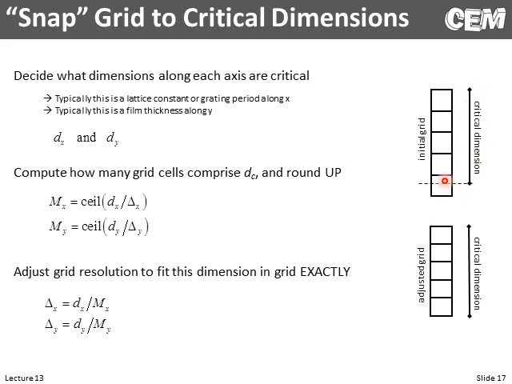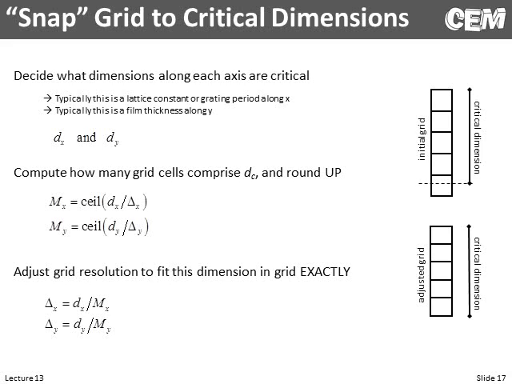Well, we see we messed up a little bit calculating our delta y parameter, and we can't get this dimension represented exactly. Well, what we can do is shrink delta y until this boundary lies right on this dashed line. And when we do that, we have represented that dimension exactly.